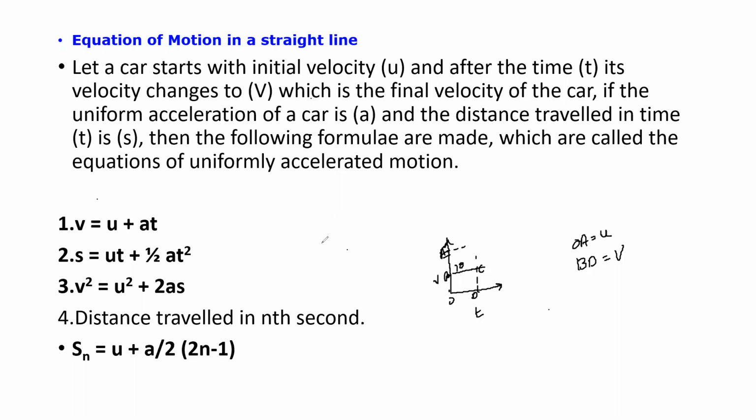So here we can take the area of trapezium, which is the sum of the parallel sides, OA plus BD, divided by 2, into AC. If you substitute all the values using the terms from the figure, you can get the equation V square is equal to U square plus 2AS.